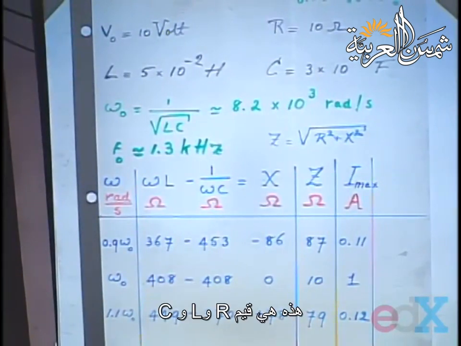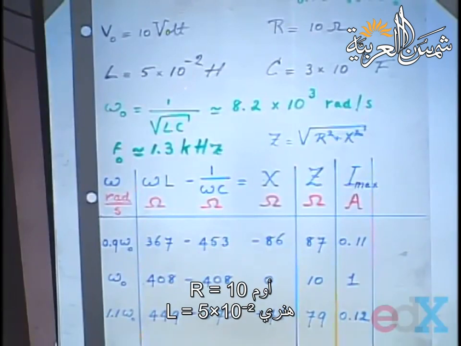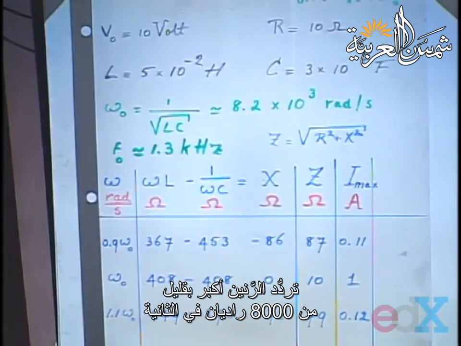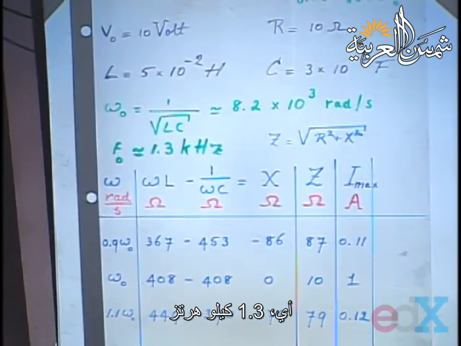We have here, given R, L, and C, 10 ohms, 5 times 10 to the minus 2 henry and 3 times 10 to the minus 7 farads. The resonance frequency is a little over 8,000 radians per second. You see it here in kilohertz, and you see here the impedance.